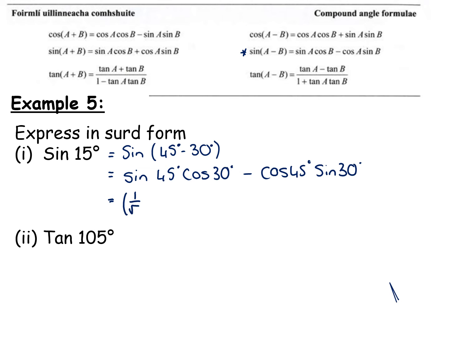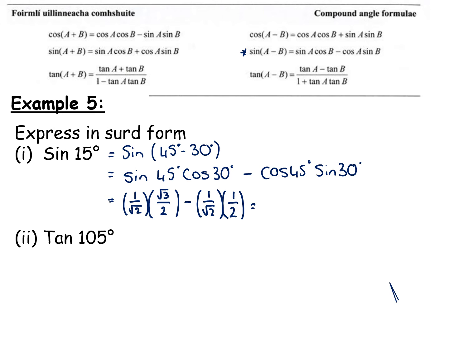1 over root 2 times cos of 30, root 3 over 2, minus cos of 45, 1 over root 2, and sine of 30 degrees is a half.